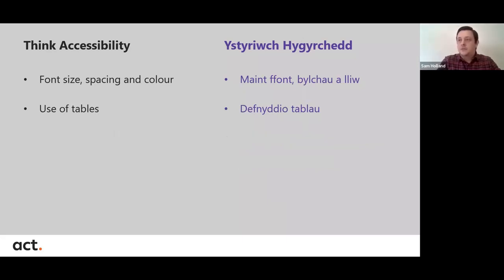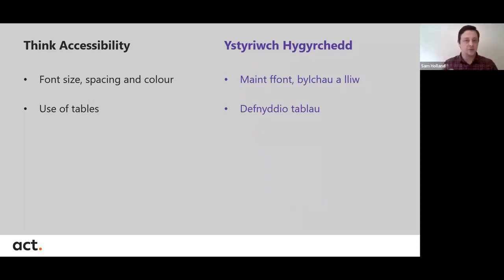So, use of tables. Tables, I suppose, that's an interesting one, because tables can be quite problematic when it comes to accessibility if you consider a screen reader. If someone who's attending your session is using a screen reader because they're visually impaired or such, then the screen reader, when it comes to a table, is automatically going to read it in a certain way.